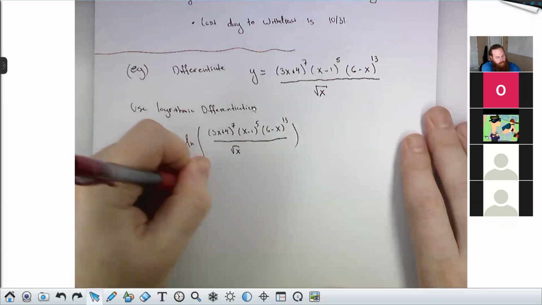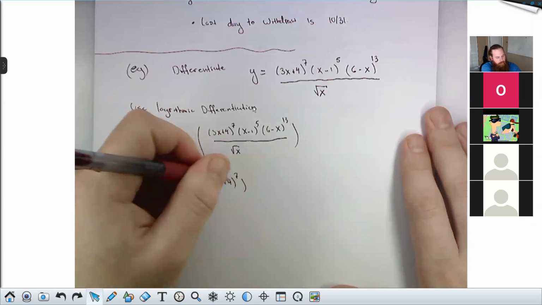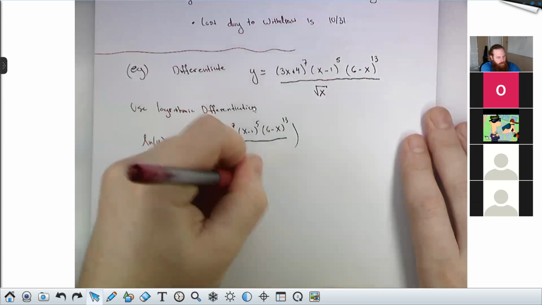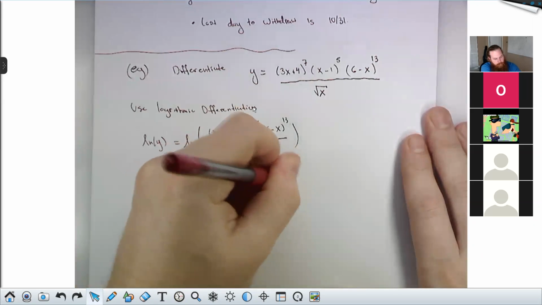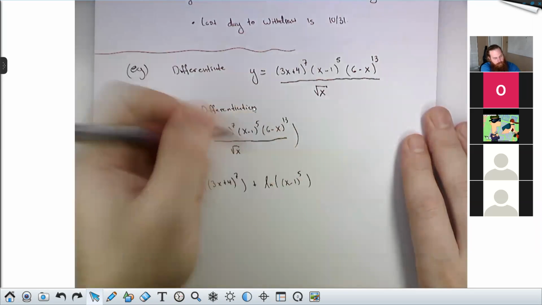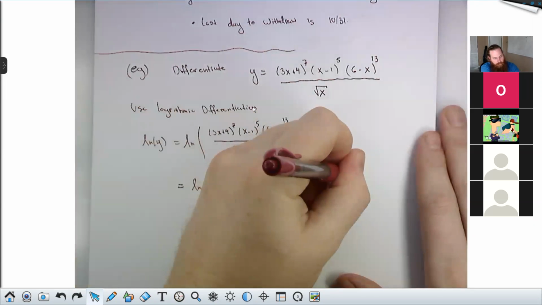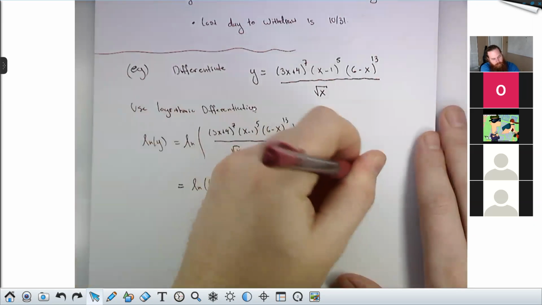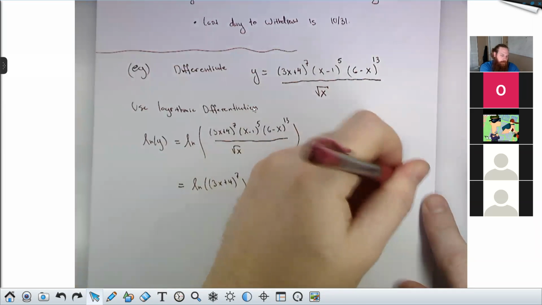So this would first be the log of the top, and then you can expand the log of the top, minus the log of the bottom.